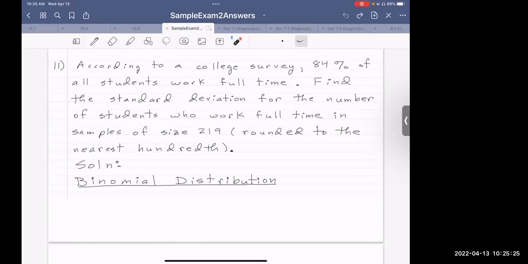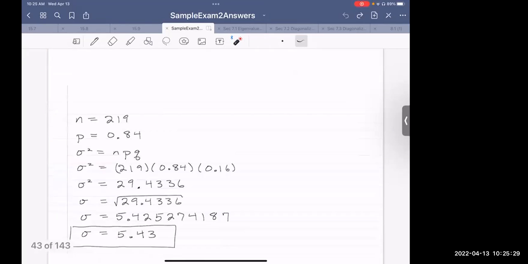And so let's find the variance for the binomial distribution. The variance is given by NPQ. So N is 219, P is 0.84. If I have an 84% chance of success, I have a 16% chance of failure. So Q is 0.16. Let's multiply these together.